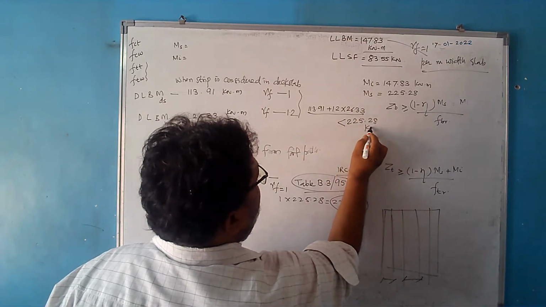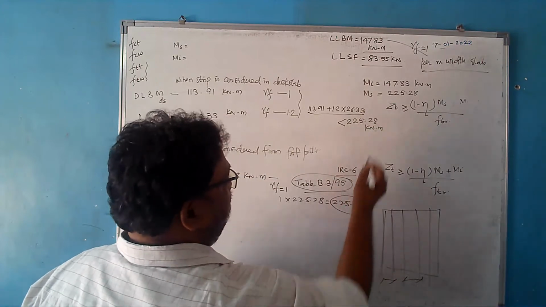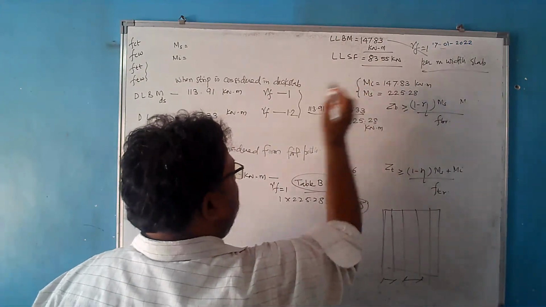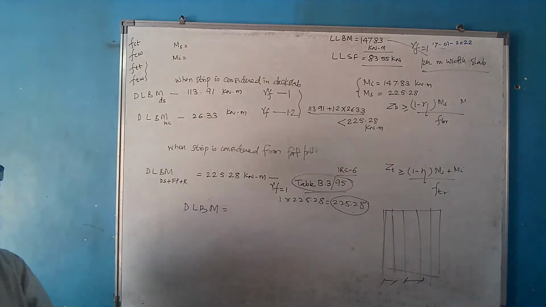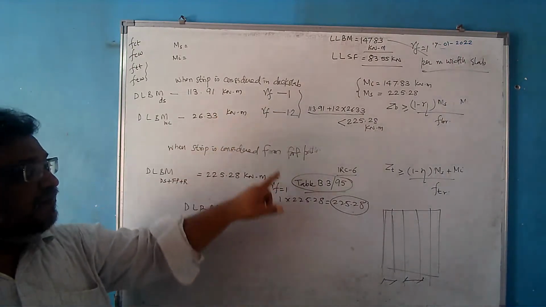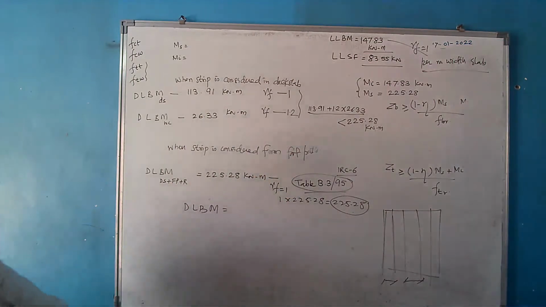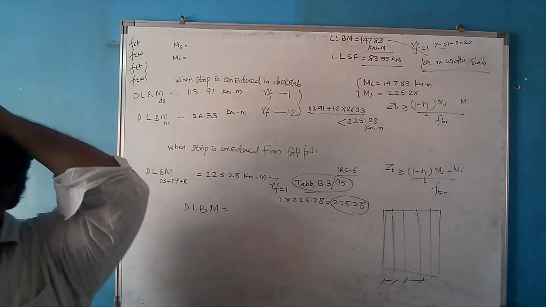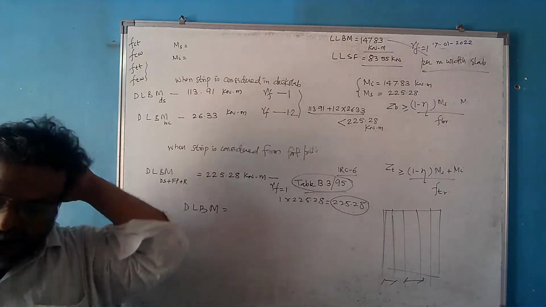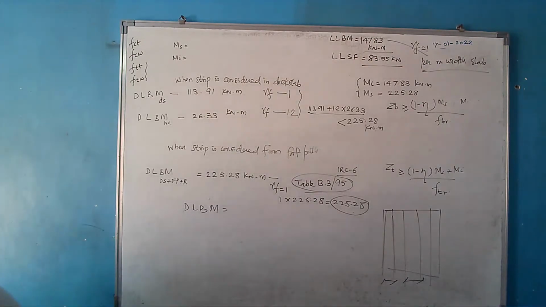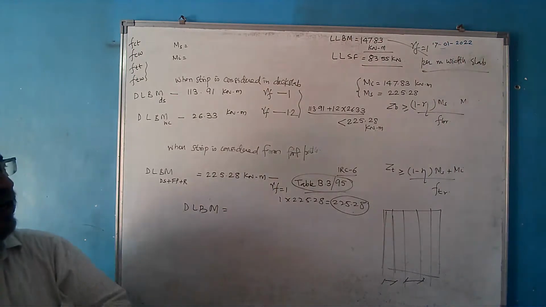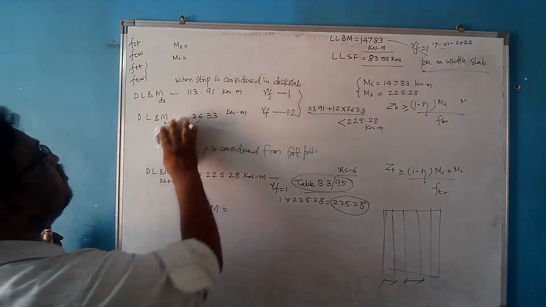So the greater of the two I will consider as the bending moment because of dead load. So these are the values of Mi and Ms. The partial safety factors for loads are given. Now the partial safety factors are available. The moments are available because of the dead load and imposed load.